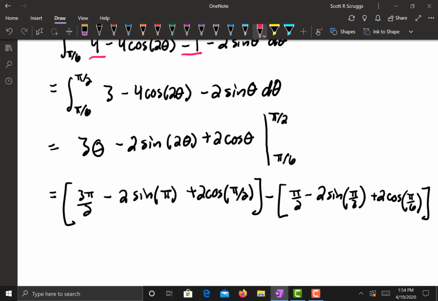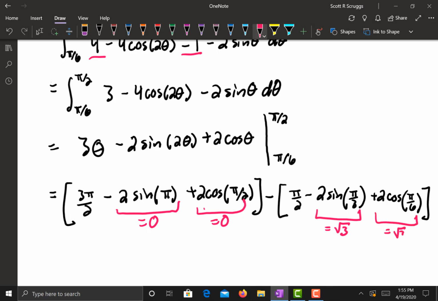Now some simplification gets to occur. Sine of pi equals 0, which means this whole thing is 0. Cosine of pi over 2 is 0, which means this whole expression is 0. Sine of pi over 3 is root 3 over 2. So that reduces down, thanks to the 2, to a square root of 3.